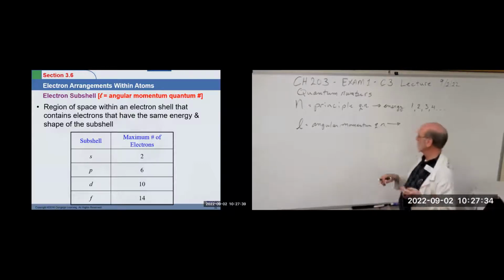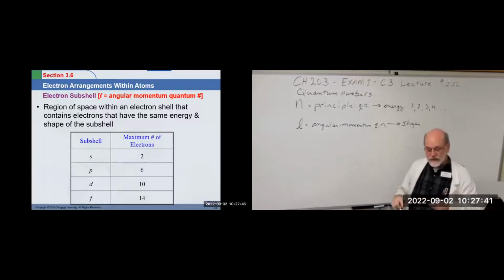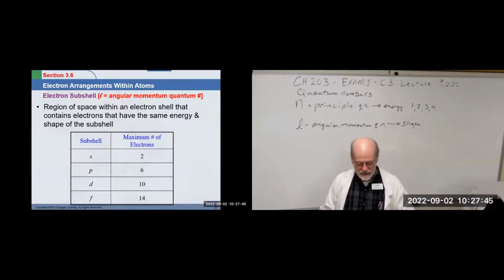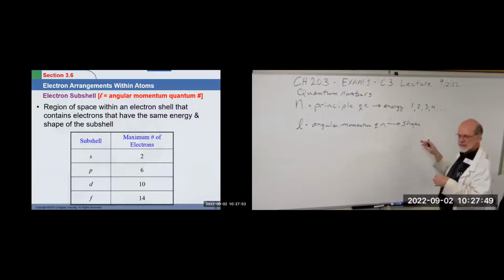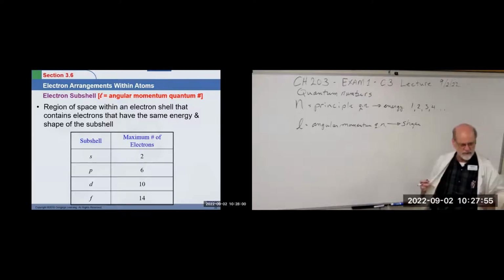These refer to the shape of the orbital. These are the ones that have those letters I mentioned before: S, P, D, and F. But they also have numbers. The shape can be spherical, dumbbell shaped, or donut shaped; you have all different types of shapes.